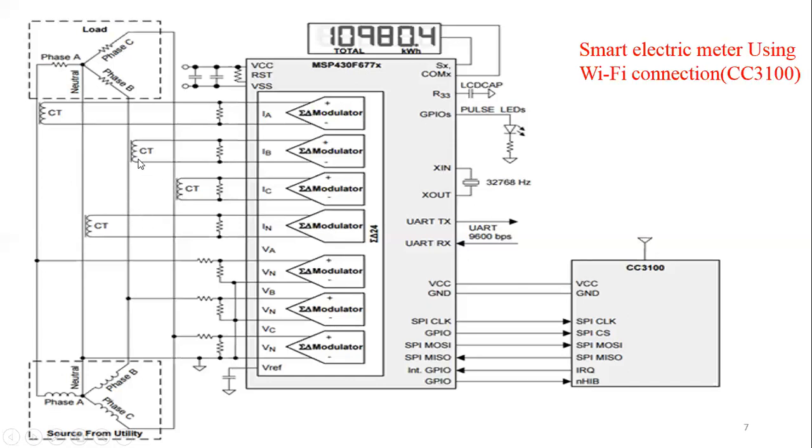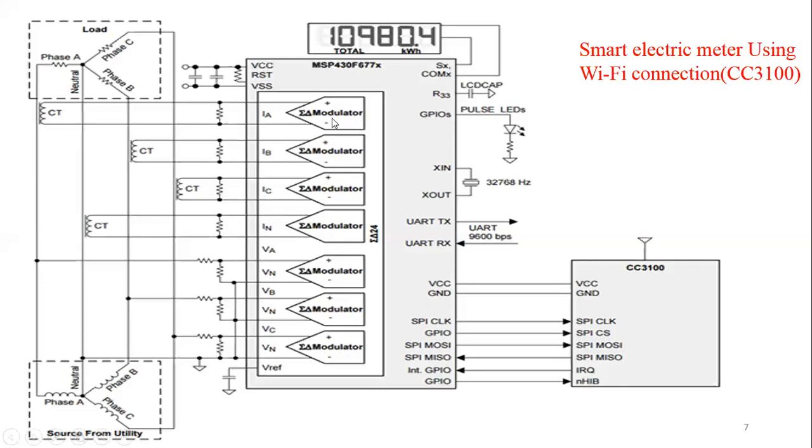These three phases are connected with the 7 modulators, which are sigma delta modulators. Sigma delta is called an analog to digital converter, because the three phase signal is analog. That analog signal is converted into digital signals by using sigma delta analog to digital converters.